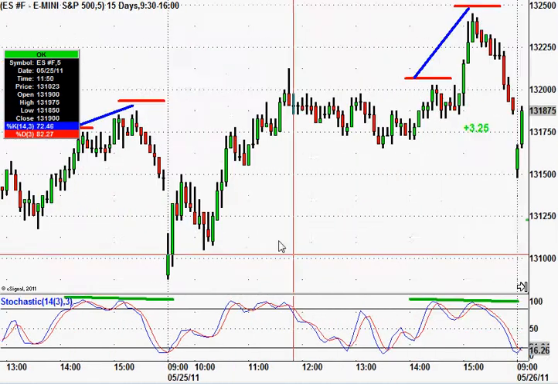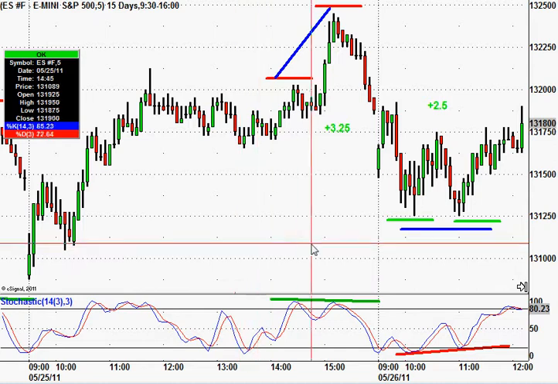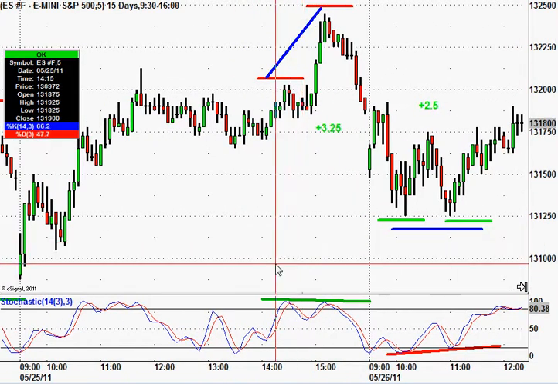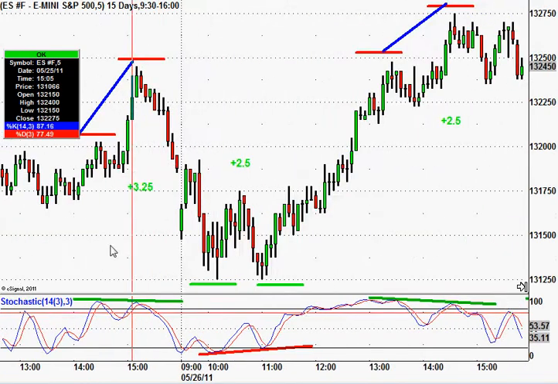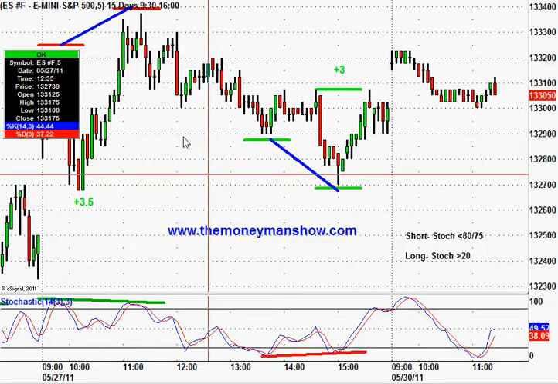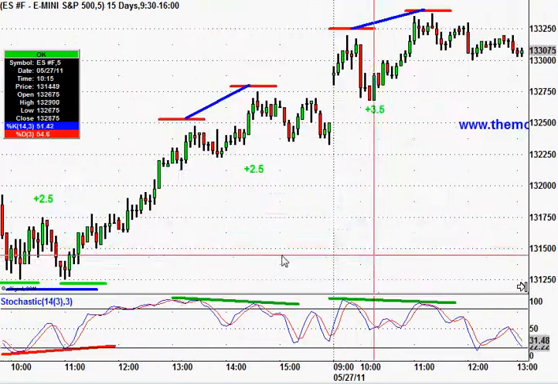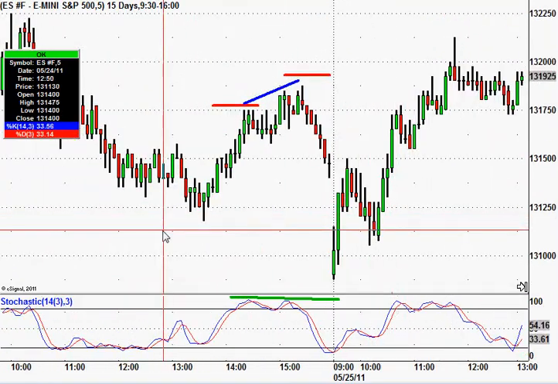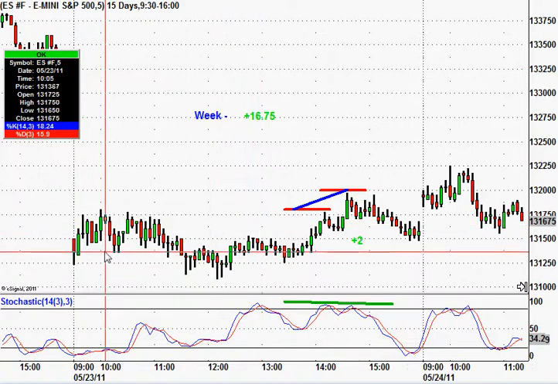So you should try to be very specific about your entries. See here, that it doesn't even go out of the overbought, so I didn't count this one either. So there's not another trade here. So all the trades that we could have done were positive on this week.